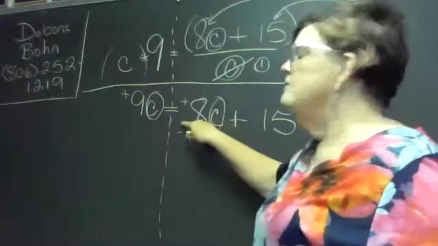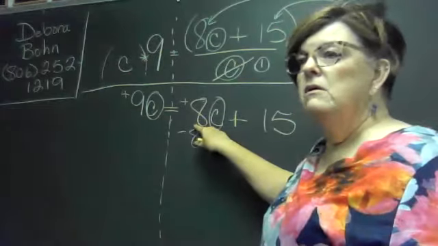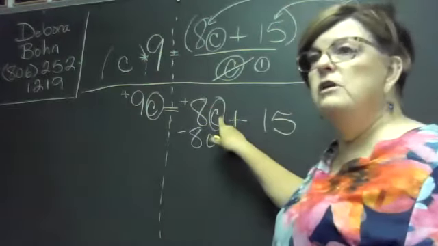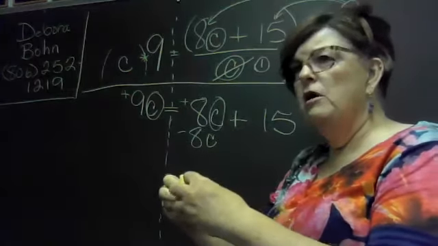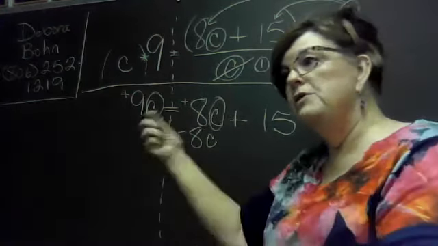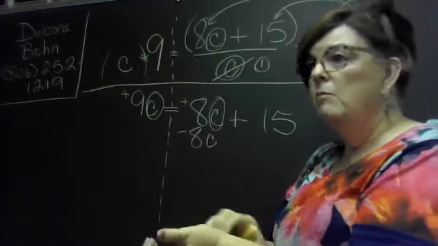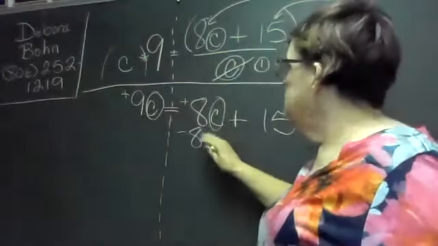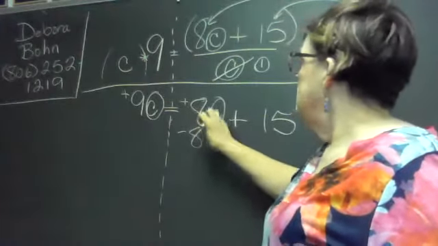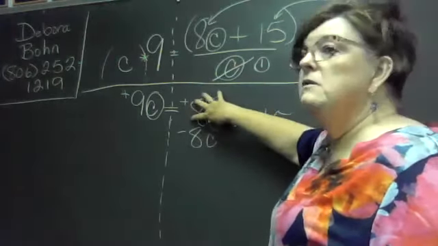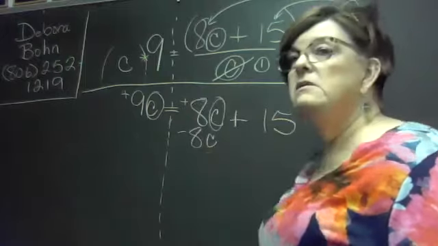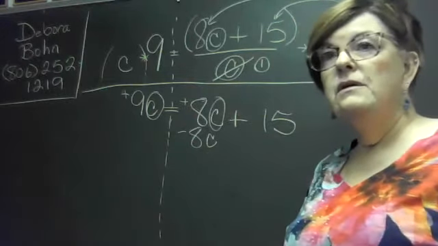If we divided this by 8, that would leave a C over here. And dividing means it's going to pull those apart, and it's going to put the 8 somewhere and put the C somewhere, okay, by dividing. In this case, I don't want to divide these. I want the whole thing gone. And if I want the whole thing to disappear, I have to do a minus 8C. Do you guys see?